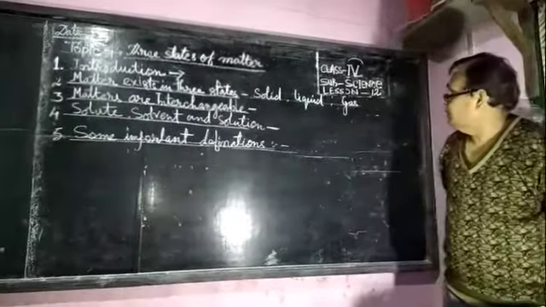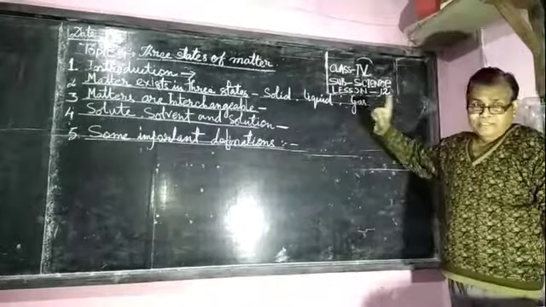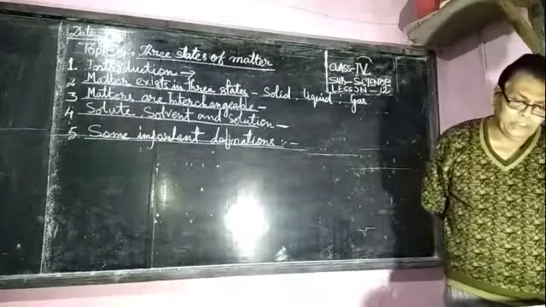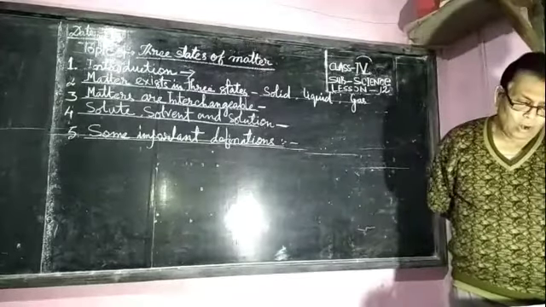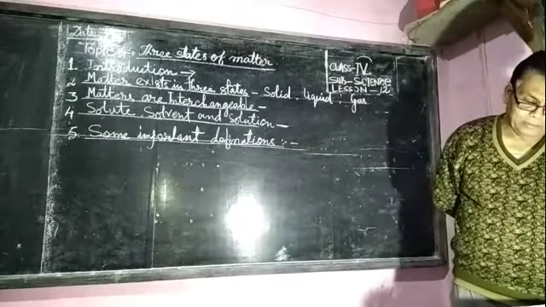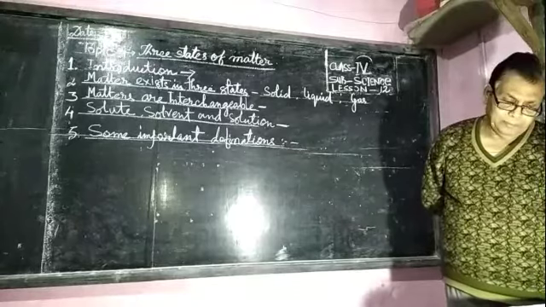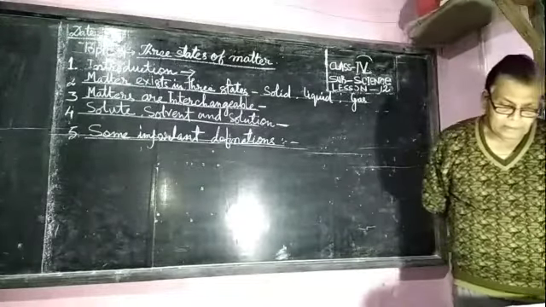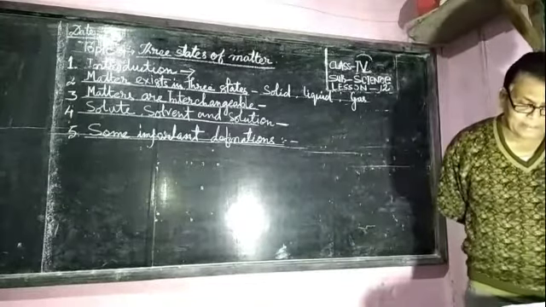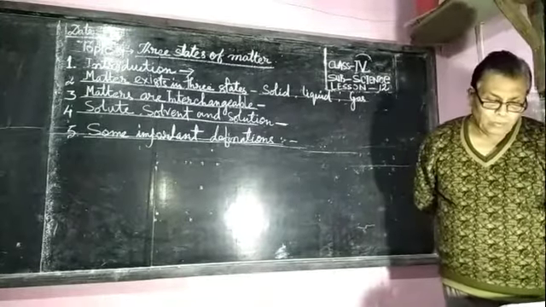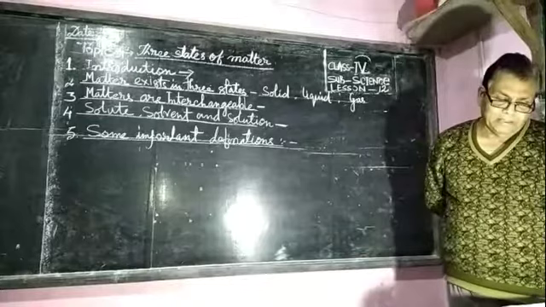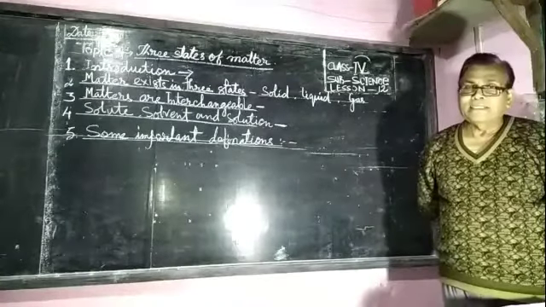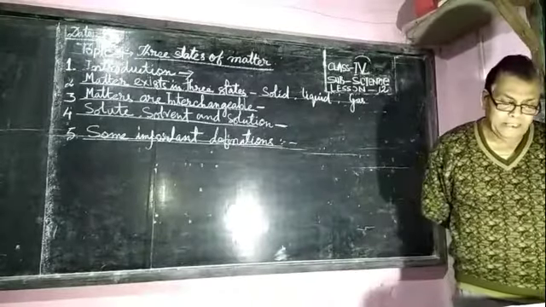Now I am going to start the gas. A gas is matter that has no shape or size of its own. We cannot see gases. Gases have no color. In gases, the molecules are wide apart from each other and are very loosely packed.